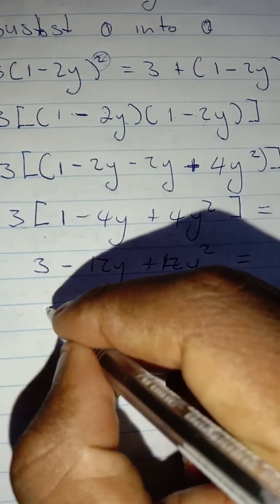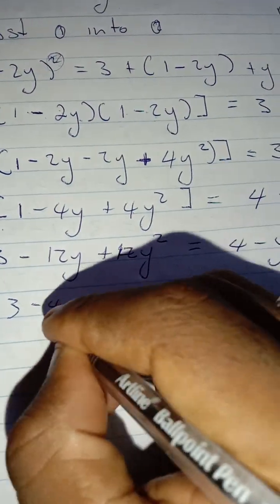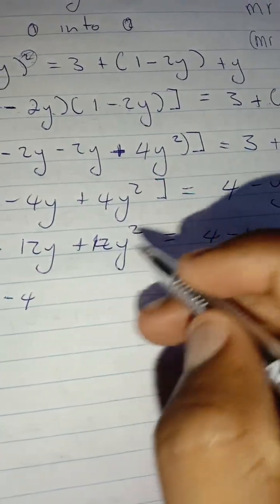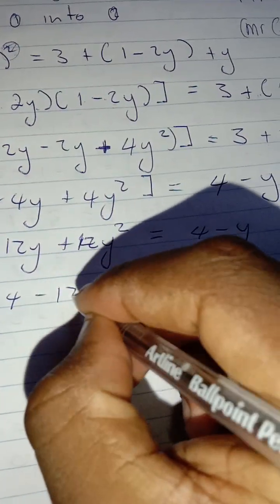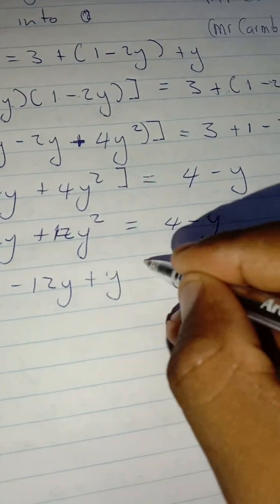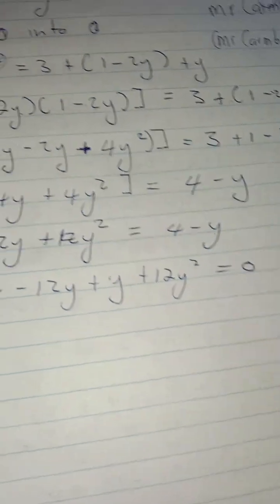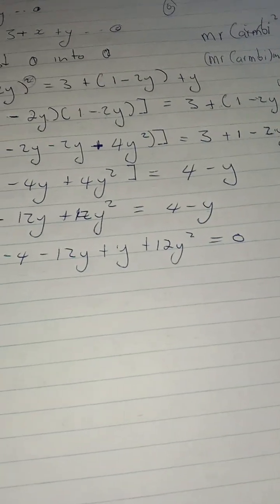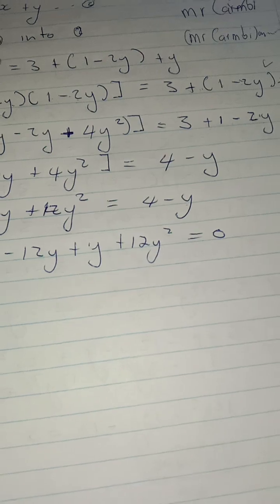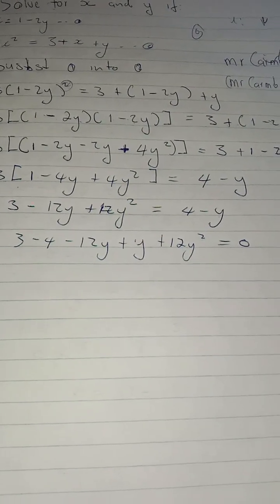Okay, so let's get it in. So 3 minus 4, and then we have minus 12y, whereas we have plus y plus 12y squared equals to 0, and then we're gonna simplify now. Please use your calculator.